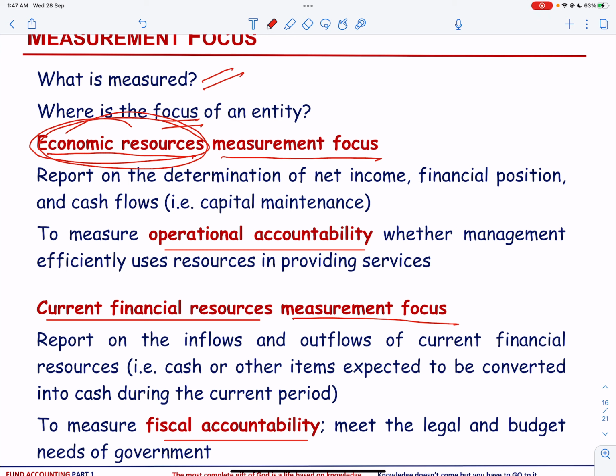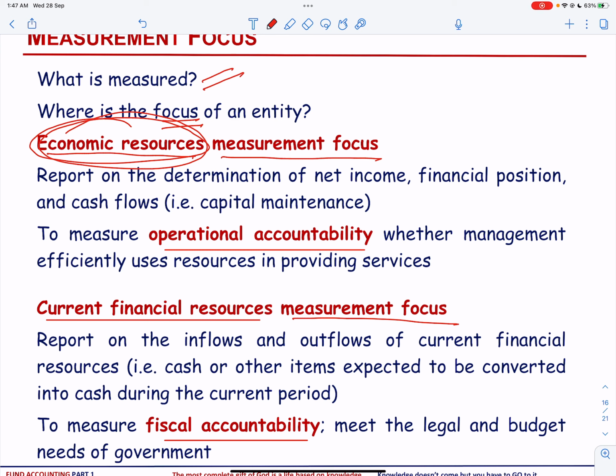In cash basis of accounting, we record only cash. Modified accrual basis of accounting focuses on recognizing revenues when measurable and expenditures that are incurred. It focuses on short-term assets and short-term liabilities.